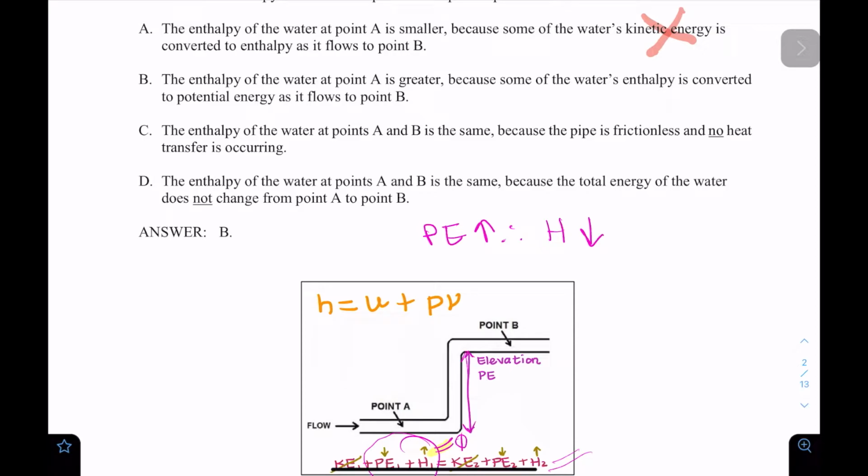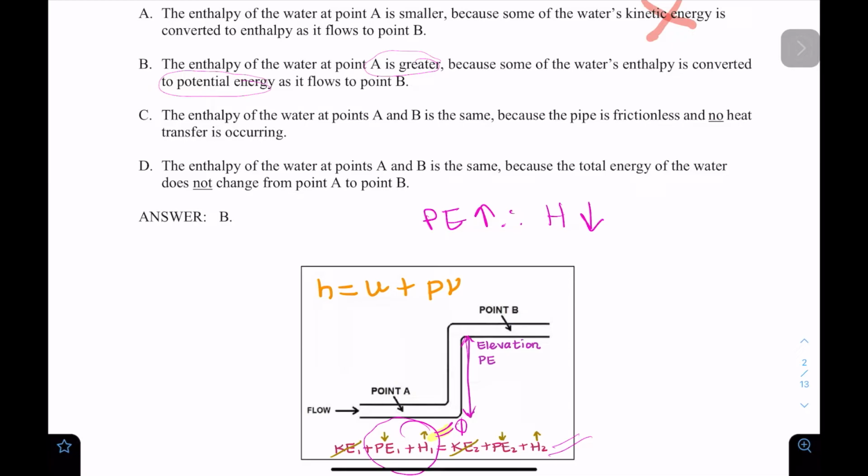Now, the enthalpy of the water at point A is greater because some of the water's enthalpy is converted to potential energy as it flows to point B. So yeah, enthalpy is going to be converted to potential energy. So the enthalpy at point A is higher, right? It's going to be higher. So we will say that this one is right.